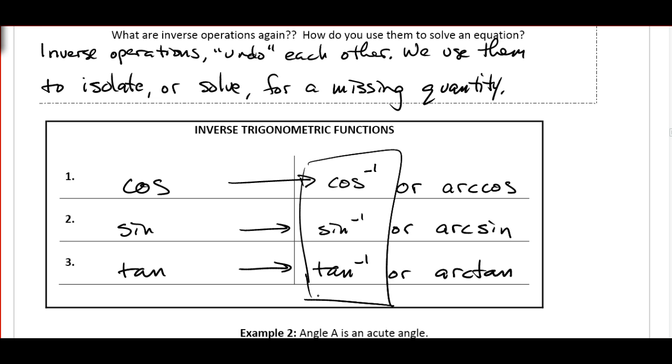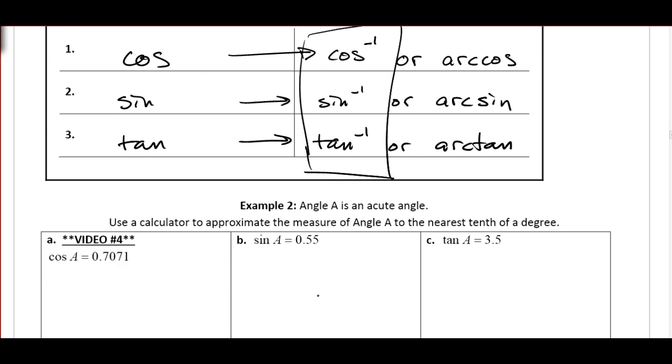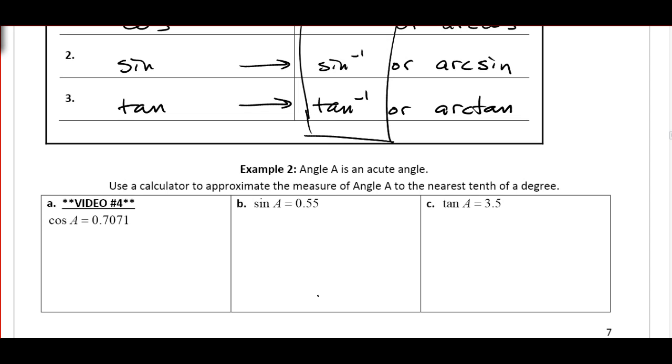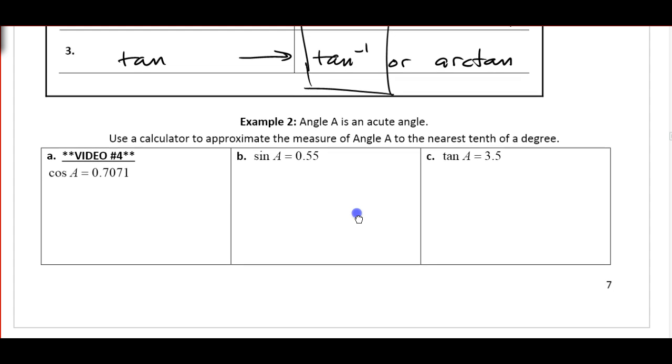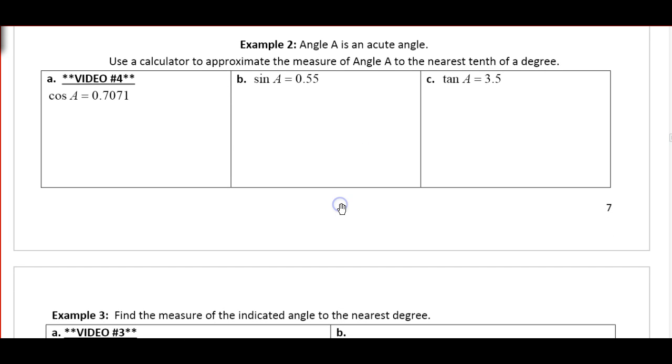These undo each other, just like addition and subtraction. If I have minus 5 in an equation and I want to undo it, I just do plus 5 on both sides. So again, the key to using inverse operations is to do it to both sides of an equation. If you don't do it to both sides, then your equation isn't balanced anymore.